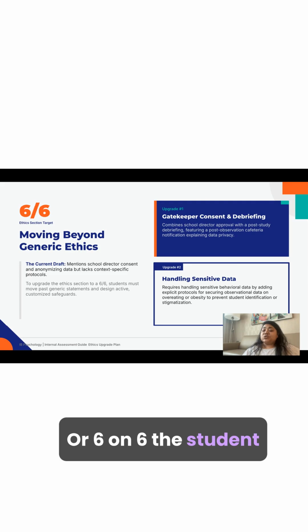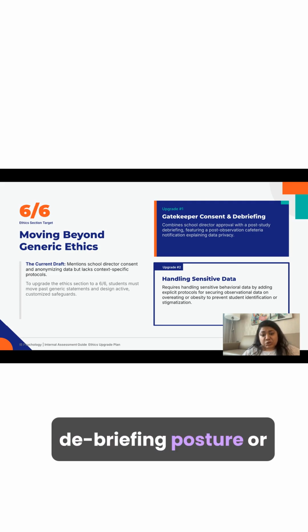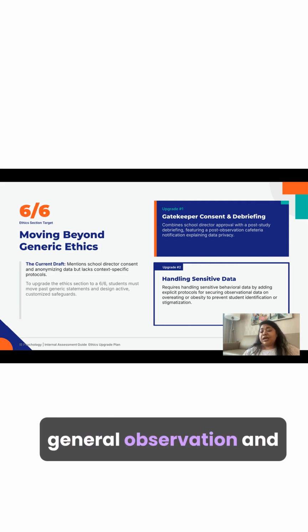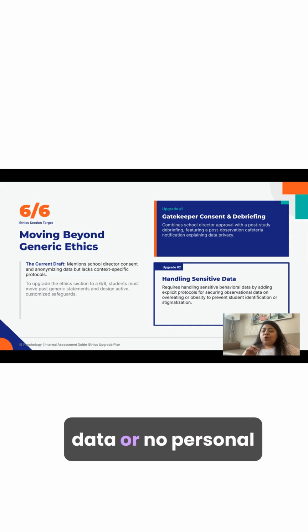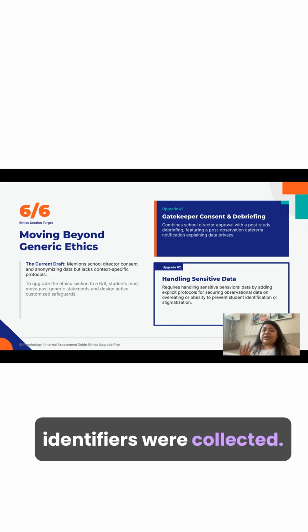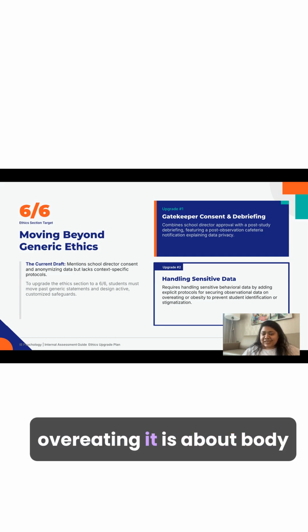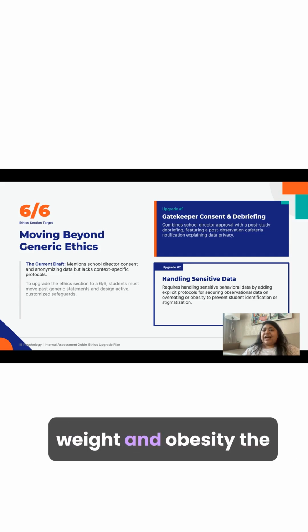For 6 on 6, the student should propose a debriefing poster or identify a notification in the cafeteria or somewhere, informing students that it was a general observation and that research took place, while reassuring them that no data or personal identifiers were collected. The second thing is handling sensitivity, because it is about overeating, body weight and obesity.